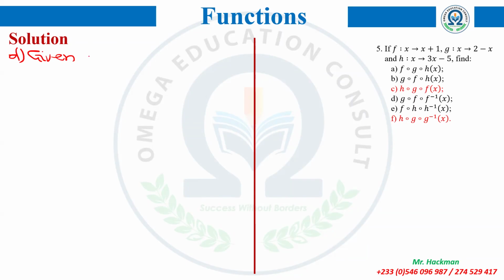So D is J of F of F inverse of X. By the same analysis and understanding, we'll know that what we have here is the same as J. You feed it with what? F of F inverse. Am I right?